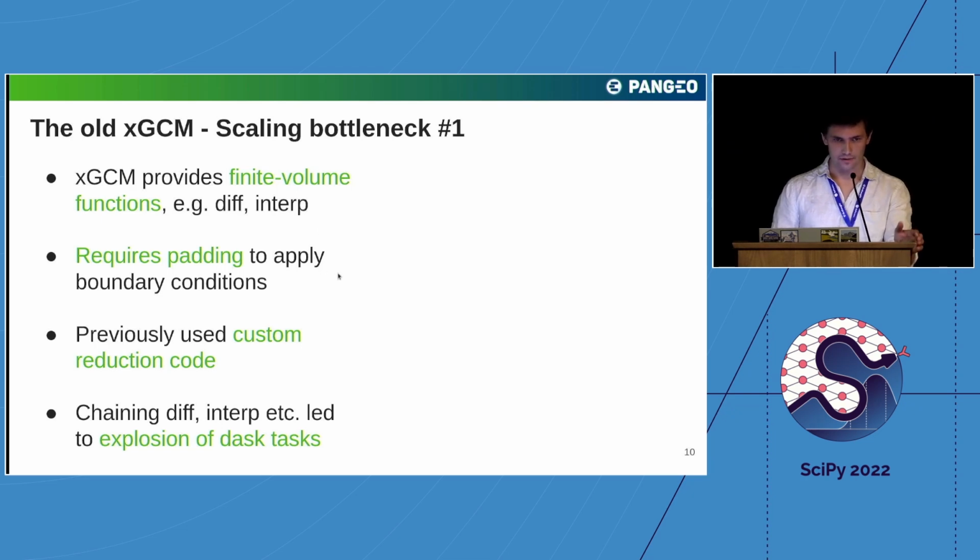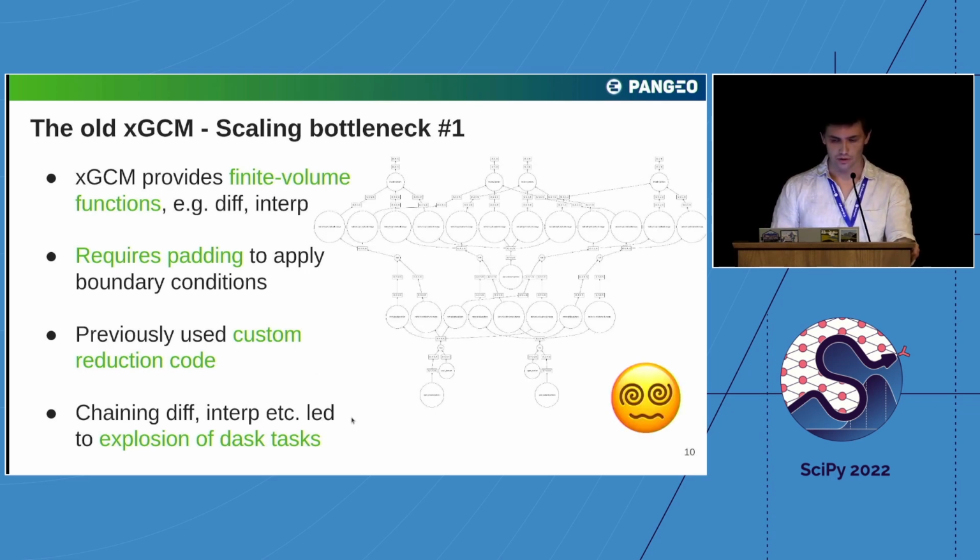But because of the way that it handles boundary conditions and padding on the edges of these arrays, our custom reduction code would lead to an explosion of Dask tasks, especially if you chained operators one after another. So, for example, if I want to calculate something like vorticity by chaining a couple of differencing operators, then this is just two differencing operators chained, and you don't need to know much about Dask as a parallel computing framework to see that this is a complicated graph that is probably not going to execute very efficiently.